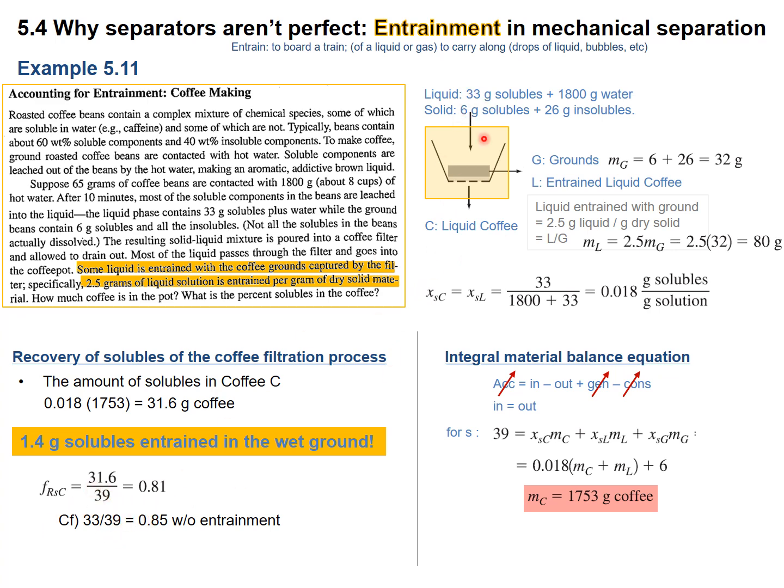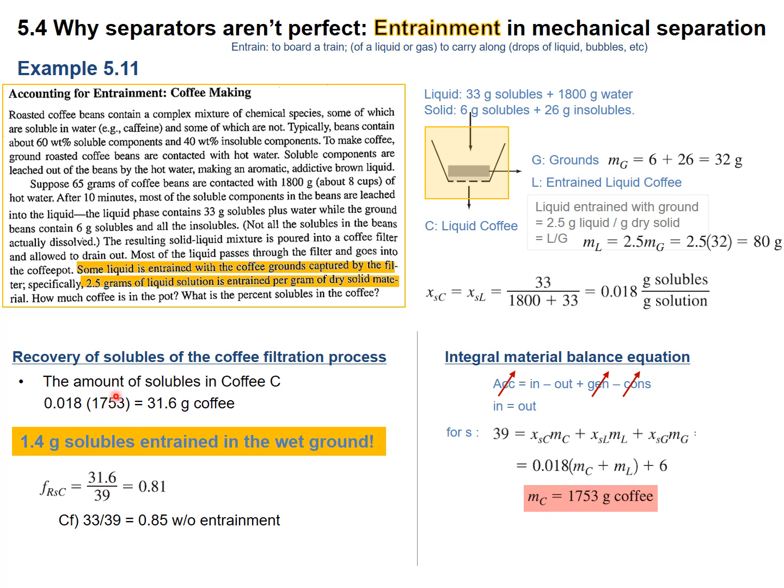So feedstock was 33 gram solubles plus 6 gram solubles, so 39 gram solubles. How about the stream C? We have totally 1753 gram coffee. Inside of coffee, you have solubles plus water.